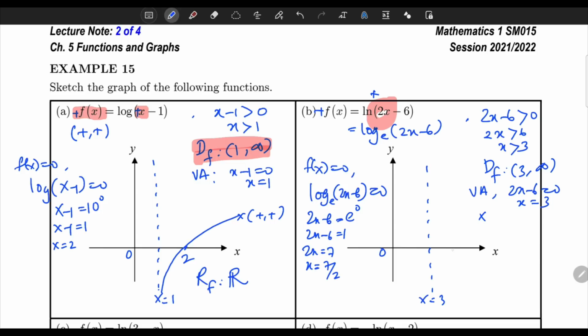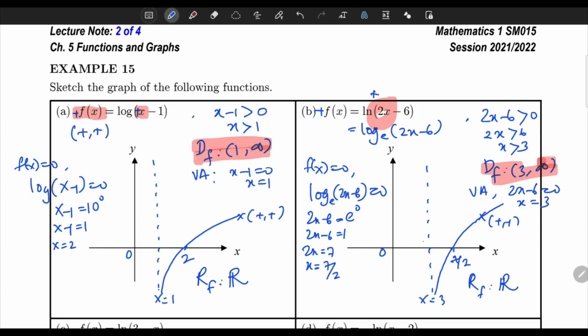So somewhere here, right? So then we can connect the intercept with the graph. So this is your 7 over 2. This is where we have the positive, positive. Okay, so the domain, we found the domain already earlier. This is your domain. And then your range will always be real numbers.